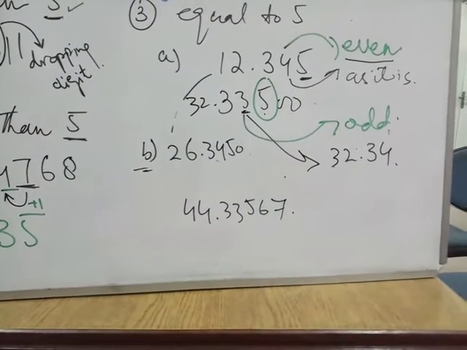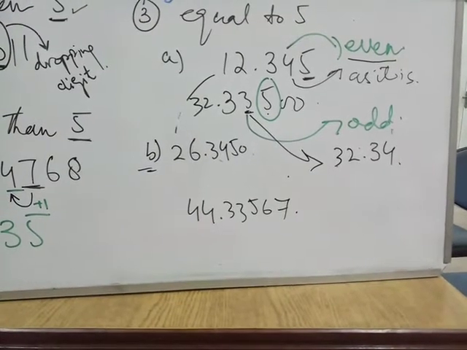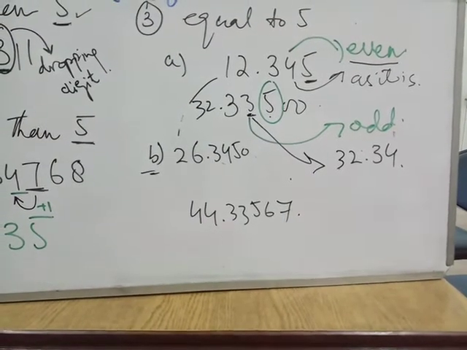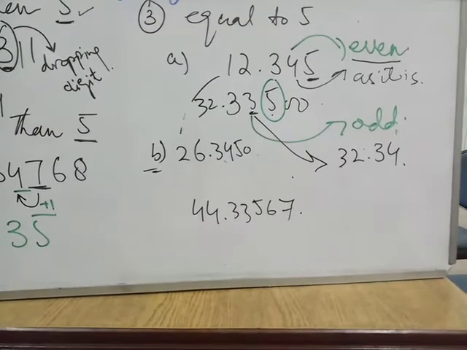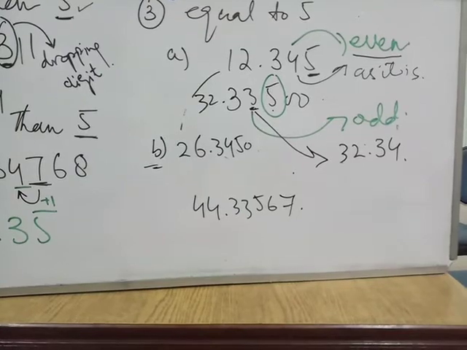In such cases, the digit 5 will be dropped, and whether the last digit is even or odd, in both situations 1 will be added to the last retained number.